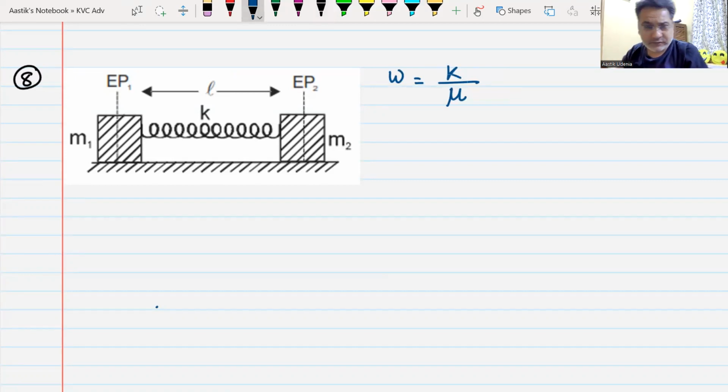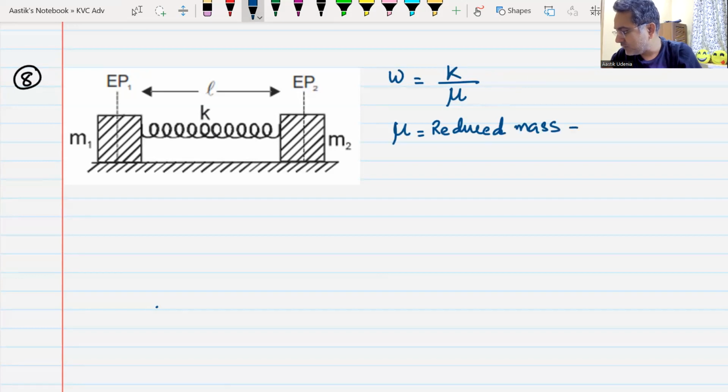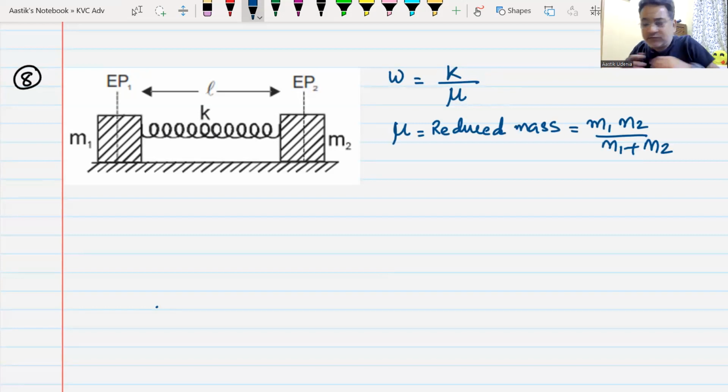Have you heard this mu anywhere? This mu is known as the reduced mass of the system. And the value of this mu is m1 m2 upon m1 plus m2. So both the blocks will be oscillating with the same angular frequency, root k by mu.